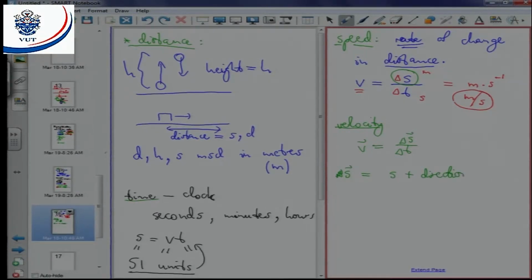Okay, so let's maybe look at 2 examples to try and understand what we are talking about. So say for example someone is running a 200-meter track. So remember that the stadiums for Olympics, for example, are in a circle like that. So from here to there is half a full round, so that is 200 meters.